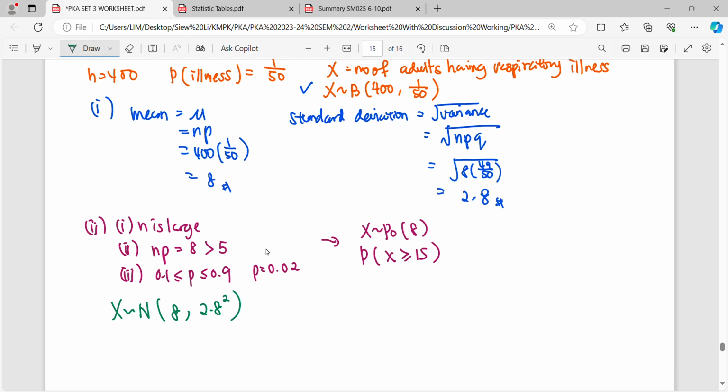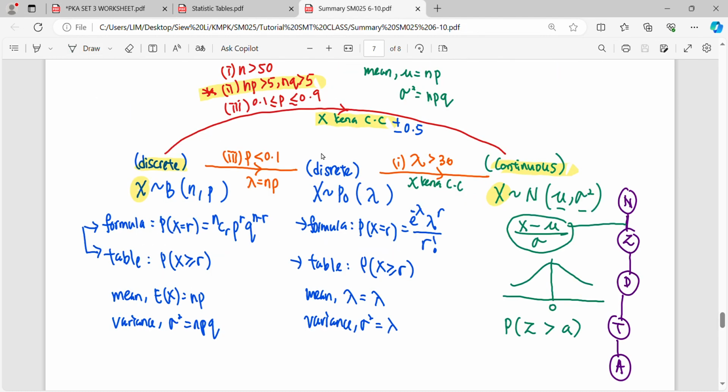Understand? In this part, it is not in your syllabus. But in future, when you are still doing statistics in this field, you have to be alert. It's supposed to change to Poisson, and we get lambda 8, right? So the suitable answer is in lambda Poisson, because only when your lambda is more than 30 do we change to normal.